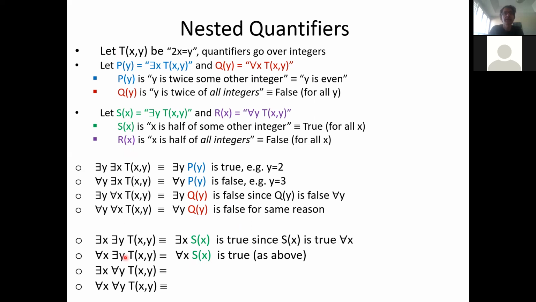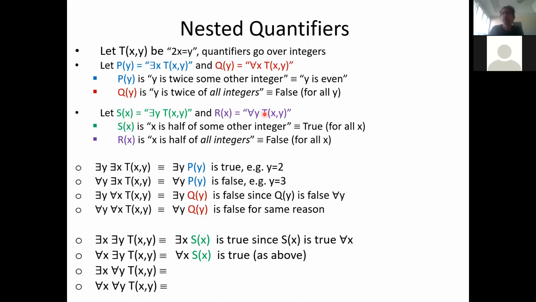But let's look at these cases. Now inside of the bracket is that for all y, t of xy. What is this? For all y, t of xy is that 2x, for all y, it is the case that 2x equals y. Now that's sort of a nonsensical predicate. It's always false.